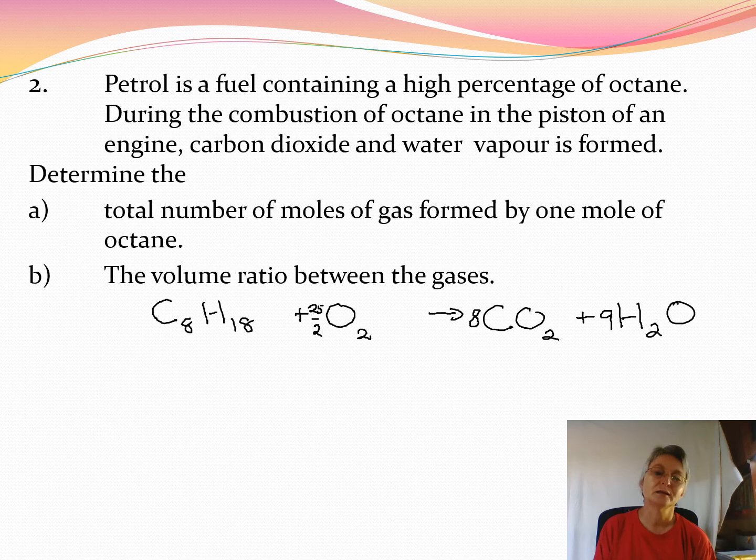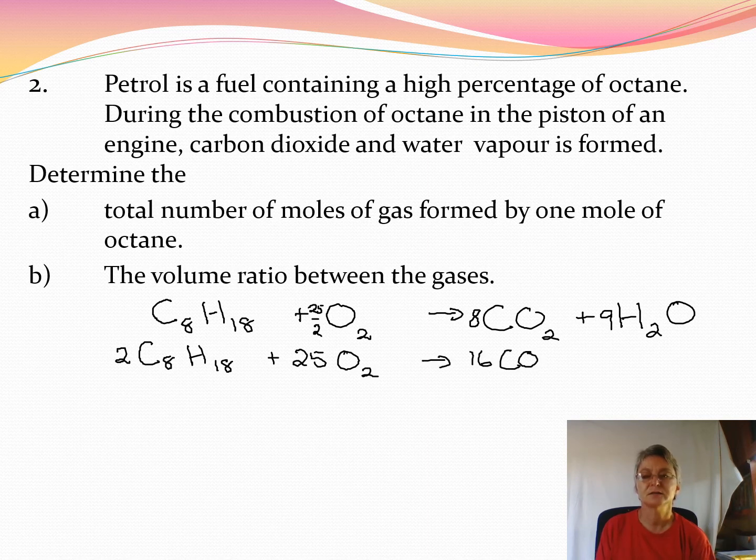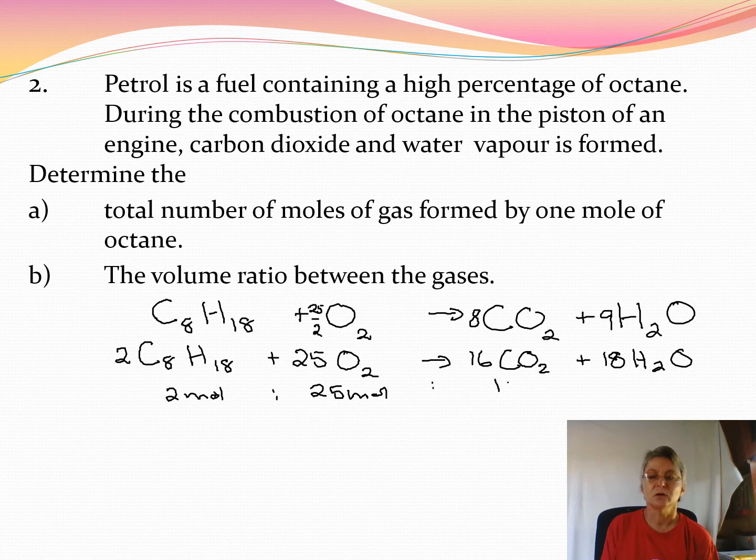So basically the balanced equation is 2 octanes needs 25 oxygens to make 16 carbon dioxides and 18 waters. So the mole ratio is 2 mole to 25 mole to 16 mole to 18 mole.